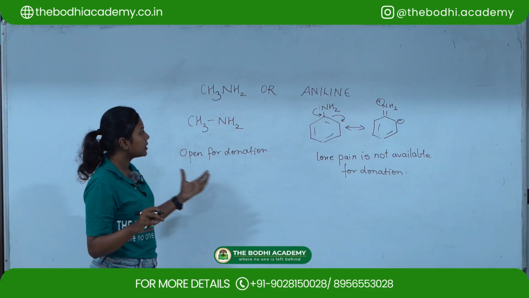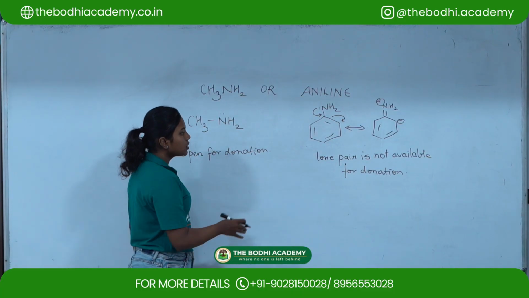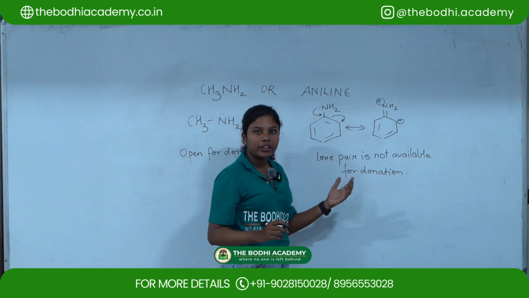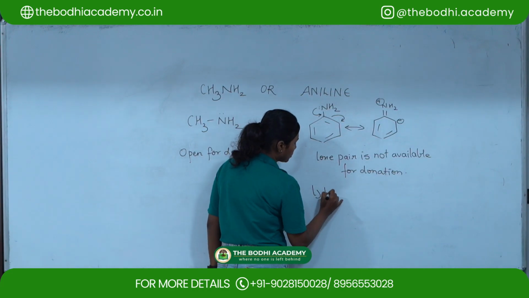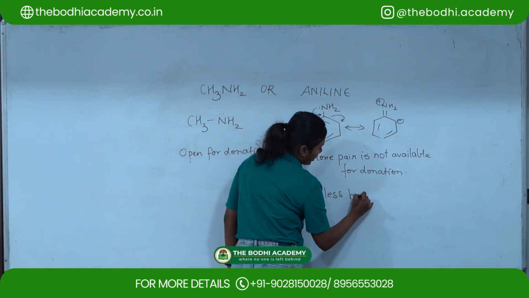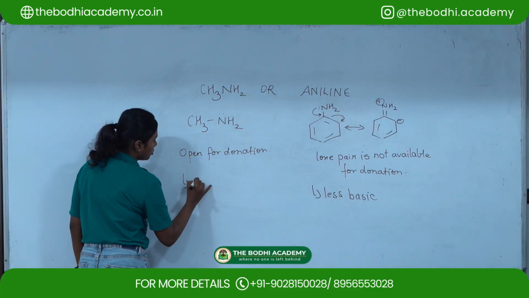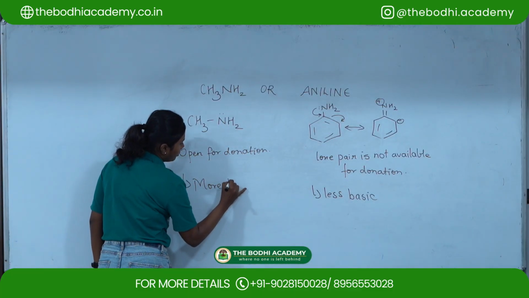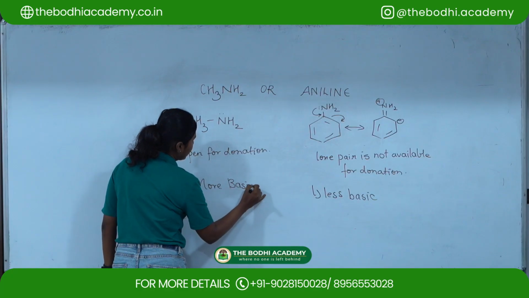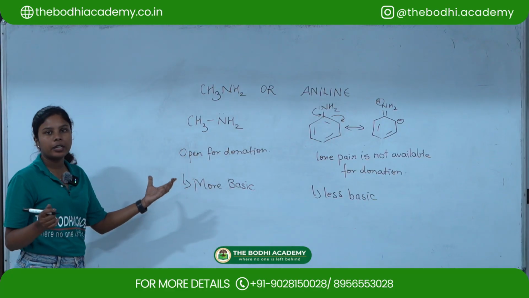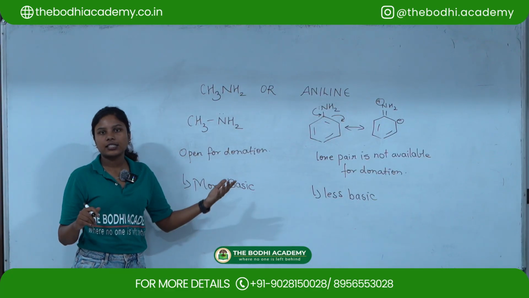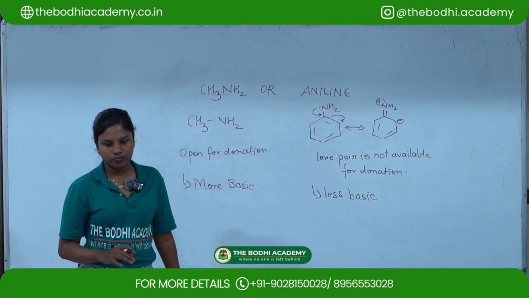This is the reason: because aniline does not have any lone pair available for donation, we call it the less basic one, and CH3NH2 is more basic. Why is this one more basic? Because of the availability of the lone pair for donation.